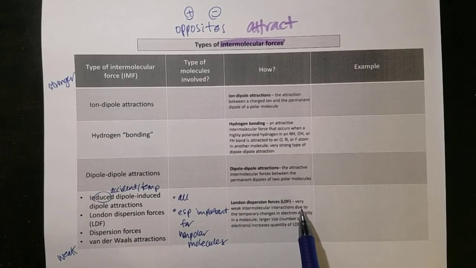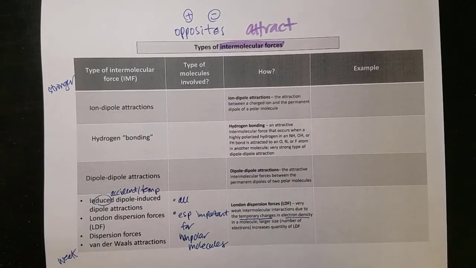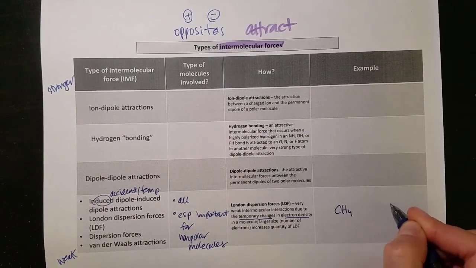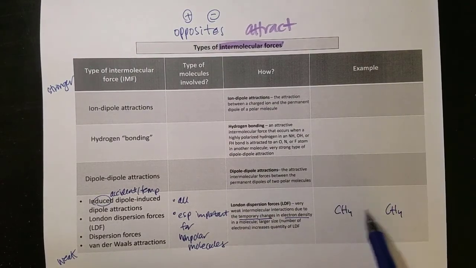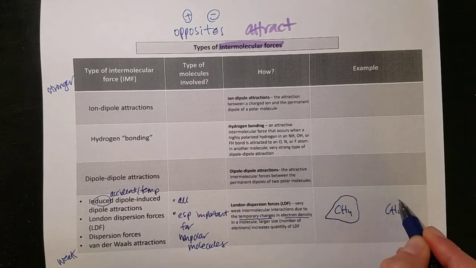So what are these? They're due to temporary changes in electron density. The bigger the molecule, the more chance of a temporary attraction. Say I take 2 CH4 molecules and they bump into each other, then they create their own temporary opposites-attract situation.